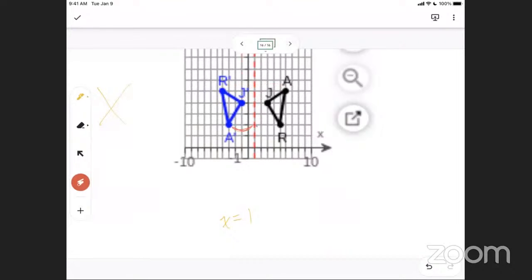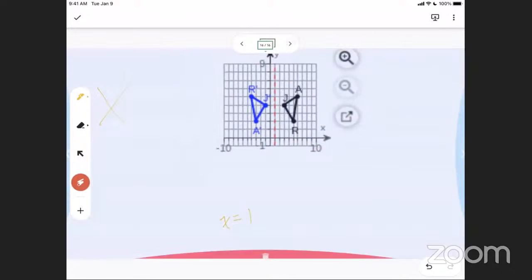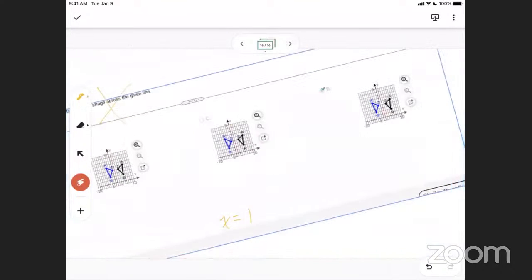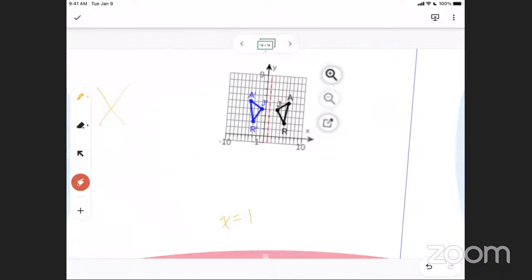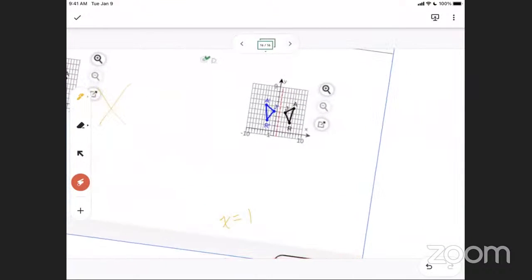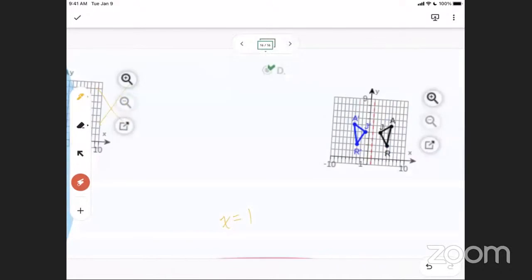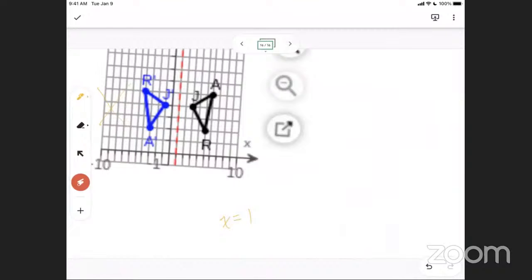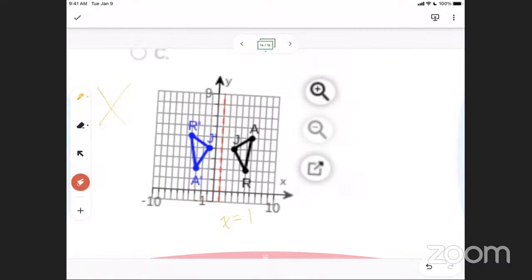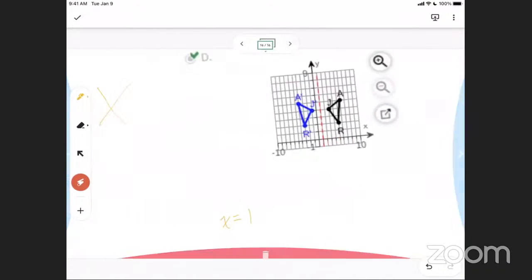So that looks like the right answer. Let me just see what the other one looks like. Oh, hold on, that might be correct as well. Again, it's hard to tell. You kind of have to count them off.